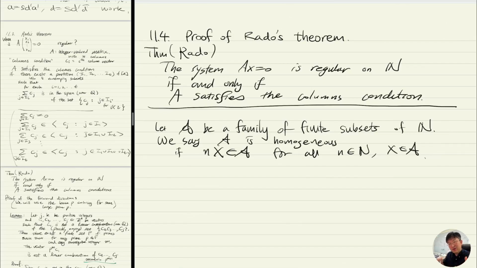When you have a solution and you multiply by the same number, you still have a solution, so it's homogeneous.